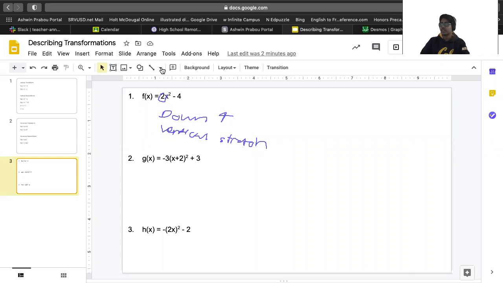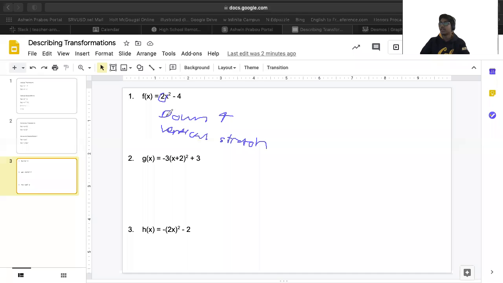And then the next problem is g of x equals -3 times x plus 2 squared plus 3. So what we learned from our horizontal translations is that the original graph is moving left 2. There are two ways to say this. You can say that there's a vertical stretch by 3, by a factor of 3.